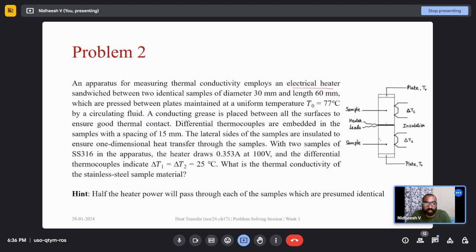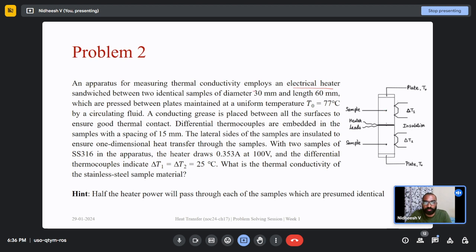The electrical heater is placed here, the black marking on the figure, sandwiched between two identical samples of diameter 30 mm. This is a cylindrical sample of diameter 30 mm, and this is also a cylindrical sample of diameter 30 mm. Both are identical.